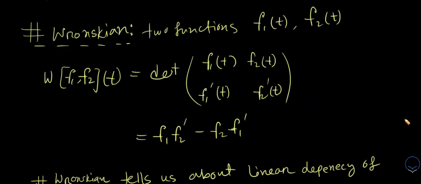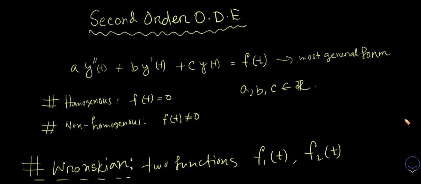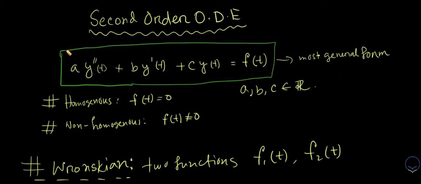Now this will be useful because for the equation you see over here, we will want to have linearly independent solutions. First we are going to see how we can do this for the homogeneous part, and secondly we will see how we can do it for the non-homogeneous part.